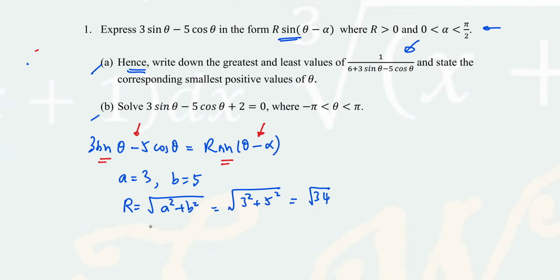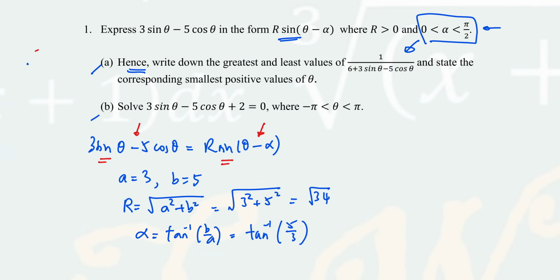Then from here, I will know that my alpha is arctangent b over a. So this is going to be arctangent, my b is 5 and my a is positive 3. Now you can check, your alpha is between 0 and half pi. That means it is in the radians mode.